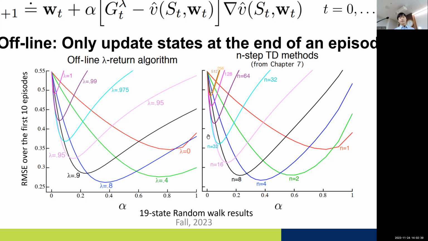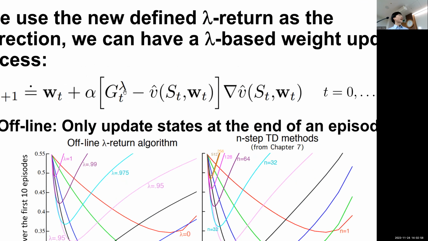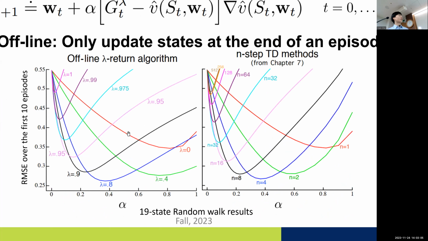That is one of the key implications from these two comparisons. The n in this graph is random because we use all the n to calculate this GT lambda, all the n's. But the n, when we generate it, is based on each episode.